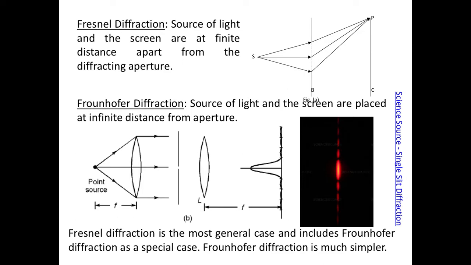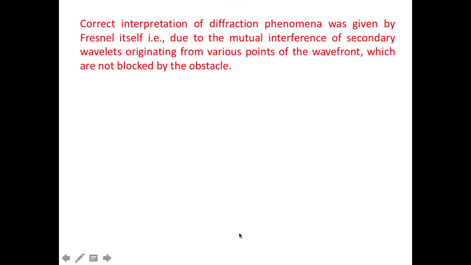So you can generate the infinite distance from the diffracting aperture. Fresnel diffraction is the most general case, whereas Fraunhofer diffraction is the special case, and Fraunhofer diffraction is much simpler.